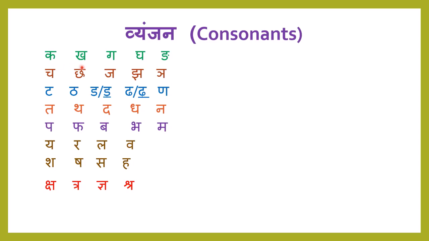Ka, kha, ga, gha, nga, cha, chha, ja, jha, nya, ta, tha, da, dha, na, ta, tha, da, dha, na, pa, fa, ba, bha, ma, ya, ra, la, va, sha, sha, sa, ha.